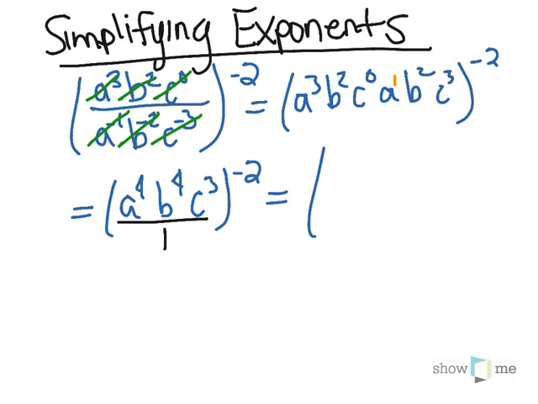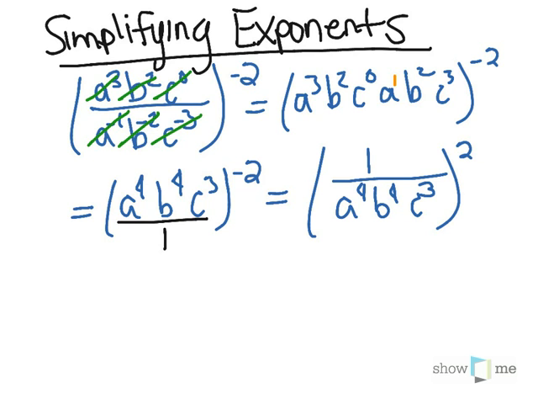So now I can flip it by putting it 1 over a to the 4, b to the 4, c to the 3, all raised to the power of now positive 2, because I have the reciprocal instead.